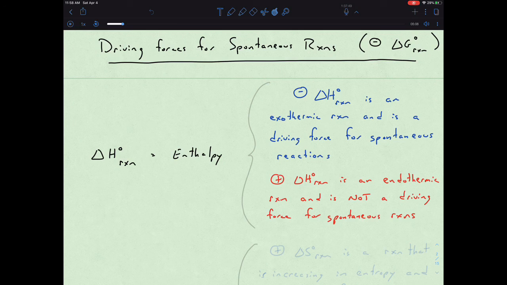So there's our enthalpy component in terms of these signs. If I have a negative sign for my enthalpy, that's the good feature, and so that lends itself to spontaneous processes, reactions, while a positive delta H is the opposite and doesn't lend itself to the possibility of a spontaneous process.